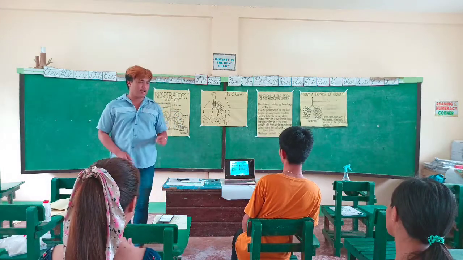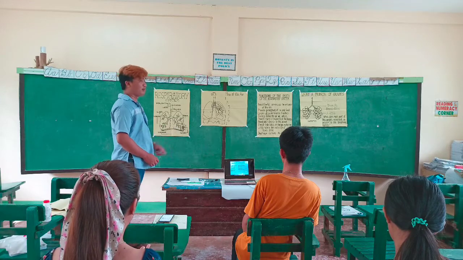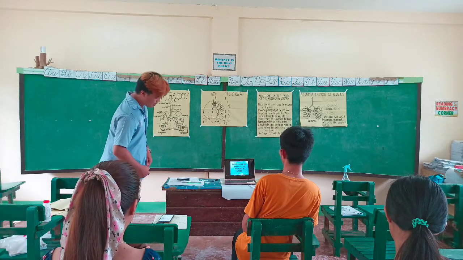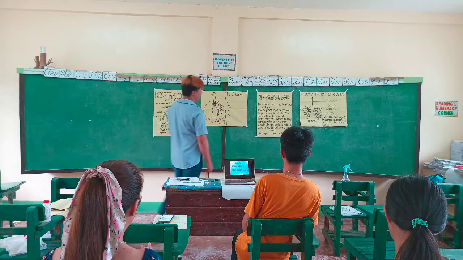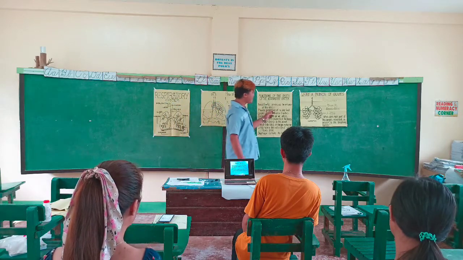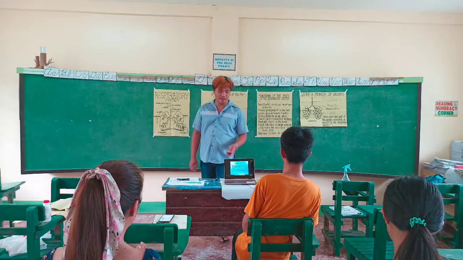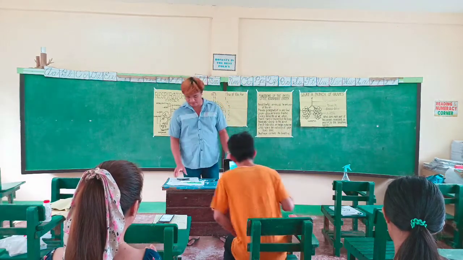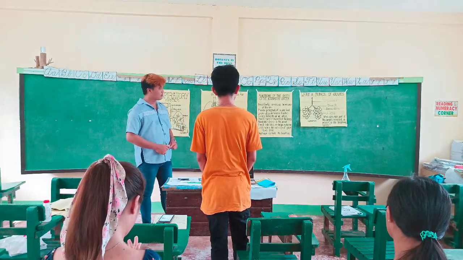So next is the function of each of those parts. First, we have the nasal cavity. Nasal cavity serves as the entrance of the air. So Reynard, please read from the slide. Nasal cavity serves as the entrance of the air to enter the respiratory system.